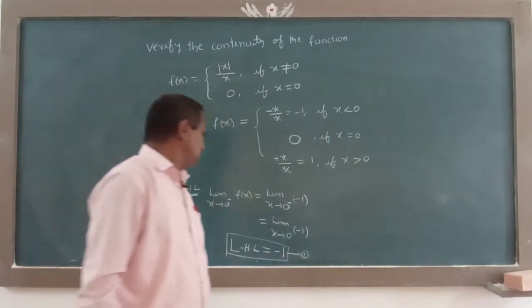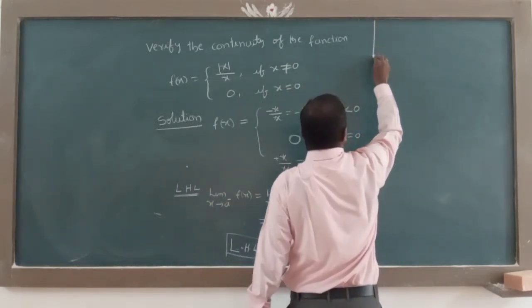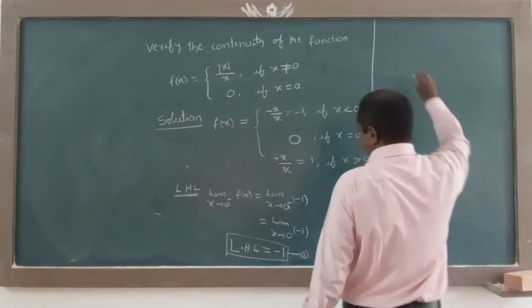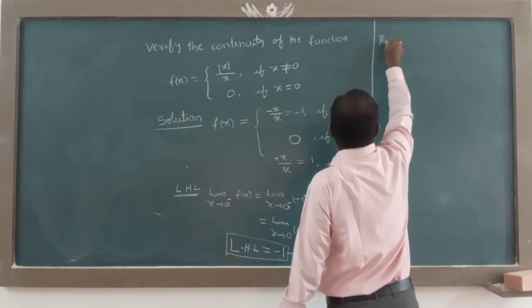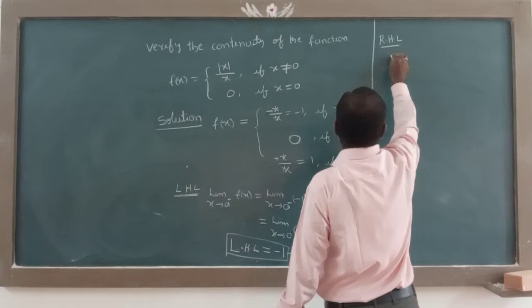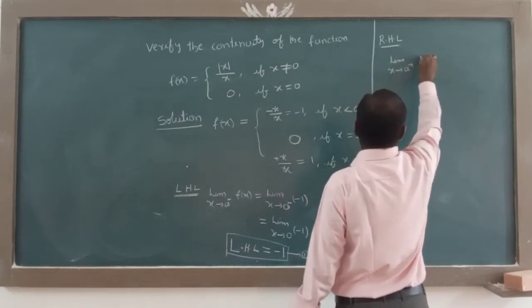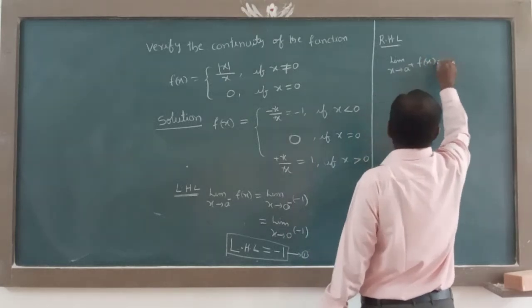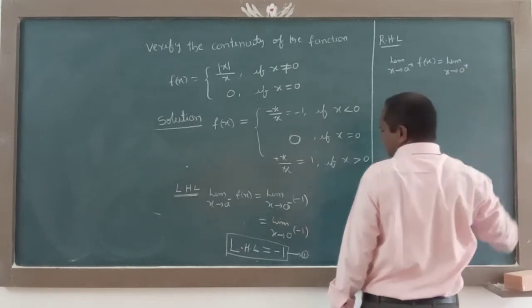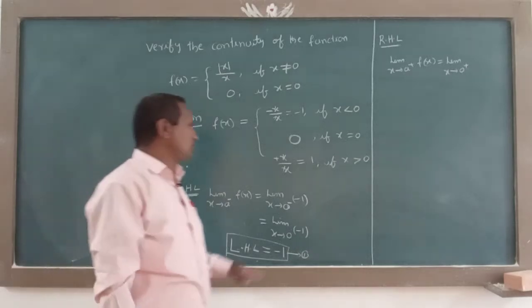Next, right hand limit. Similarly, in the same way, we are going to find the value for the right hand limit. Right hand limit, limit x tending to a plus f of x, is equal to limit x tending to 0 plus f of x. Corresponding to the greater than symbol, whichever function is there, we must consider that only, plus 1.